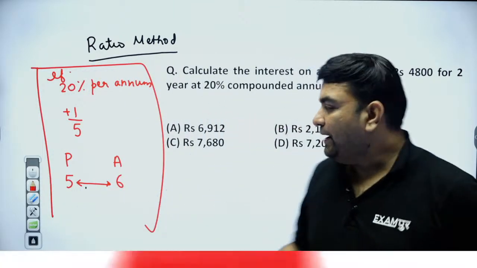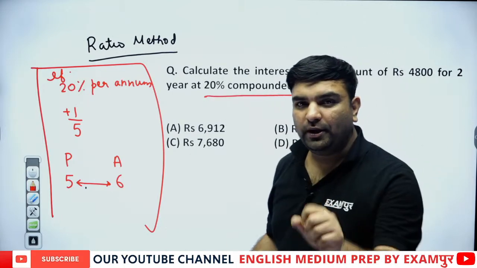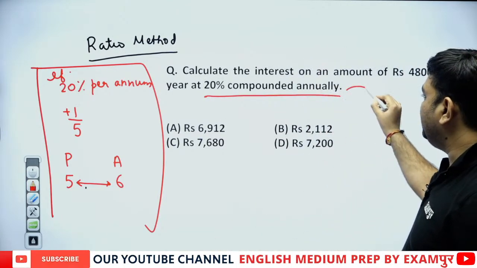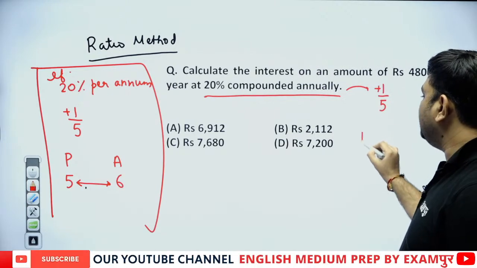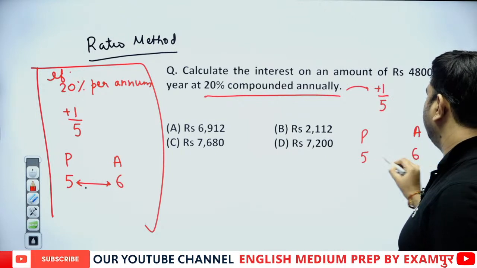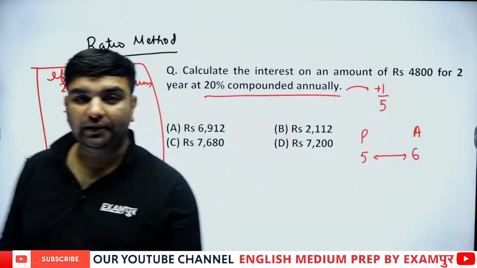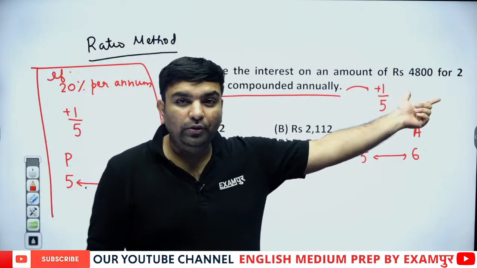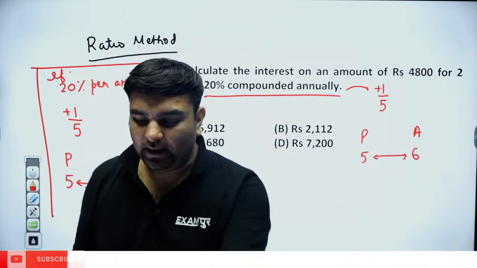So here it is given that the rate is 20% per annum. 20% means 1 by 5. So a principal of 5 will become an amount of 6 in 1 year. Since it is for 2 years, the same thing will happen again.